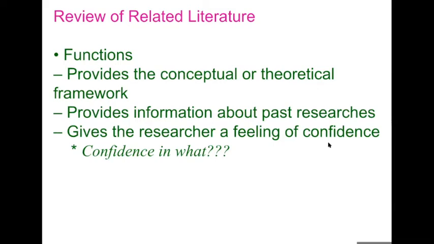Confidence that your study will work, that you will be able to make sense of and anticipate the results of your study, because you have this review of related literature. You know that it will work and it will be okay because it should, based on previous work. So that gives you a certain confidence.